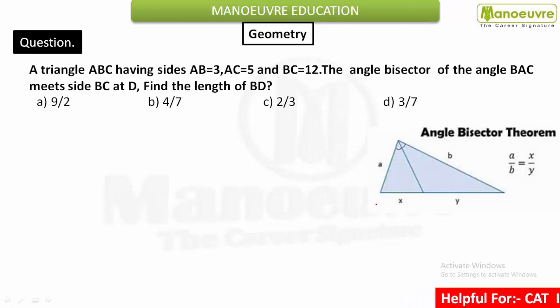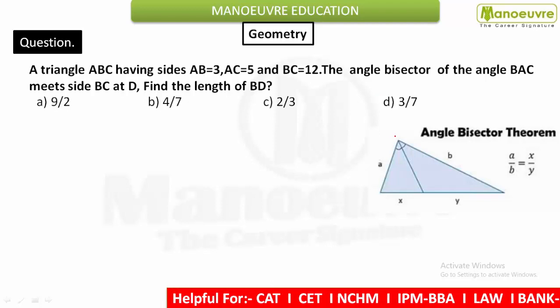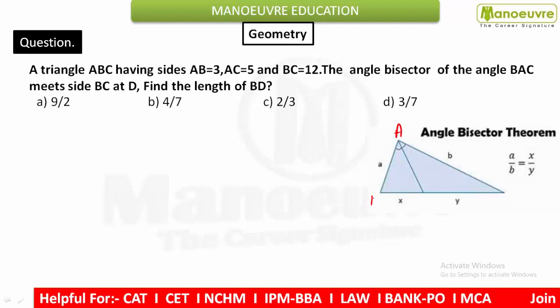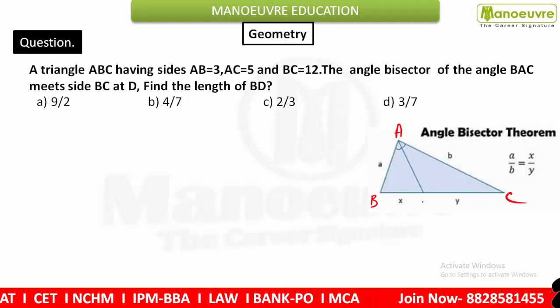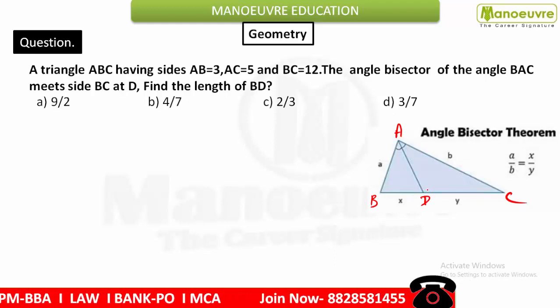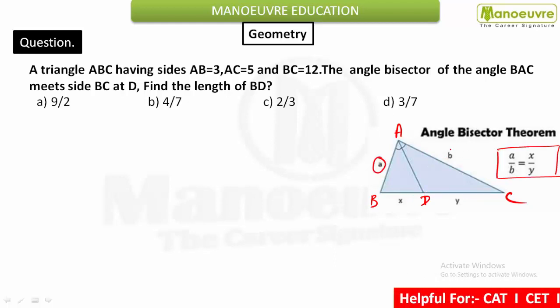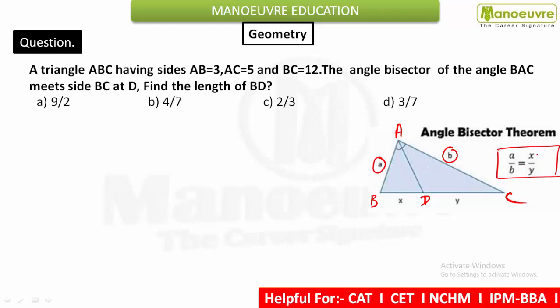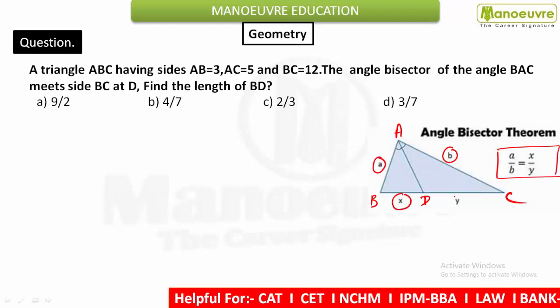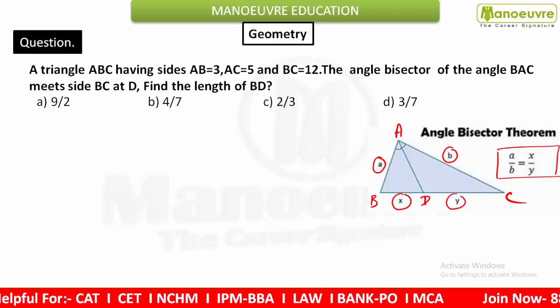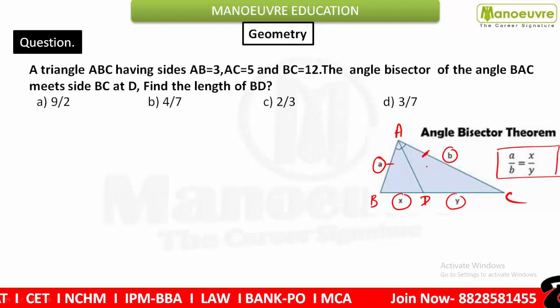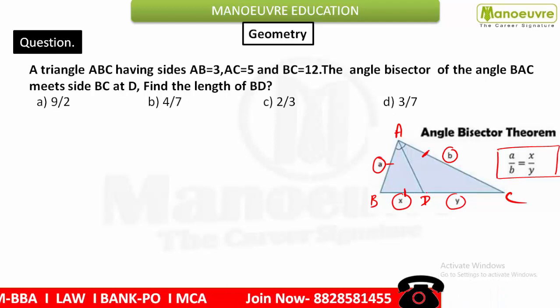Okay, so first of all we are going to know about the angle bisector. If this is your triangle ABC where AD is the angle bisector, the ratio of A and B will be equal to the ratio of this X and Y. Means the ratio of this side to this side will be equal to the ratio of this side to this side.